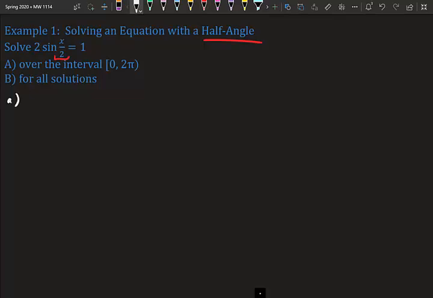Alrighty, part A. So we're given an interval, but the interval we're given is for x, not for x over 2. The intervals you're given, it's always just for the normal value of x or theta or whatever.